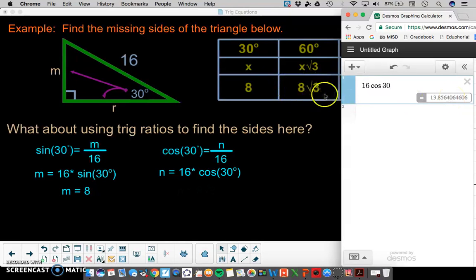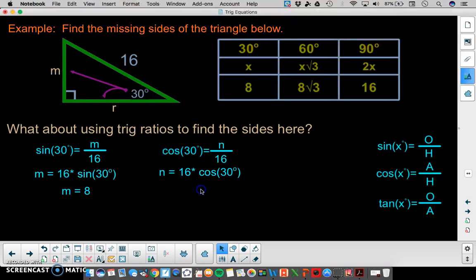Well, it's supposed to be 8 root 3, so let's compare those measures. So notice that those are the same, 13.856, 13.856. So we were still able to get 8 root 3.